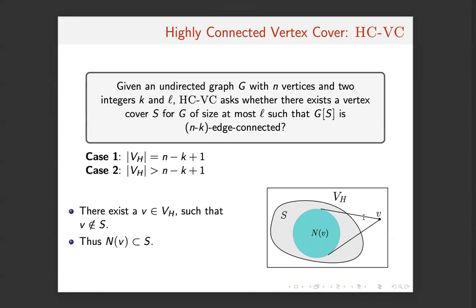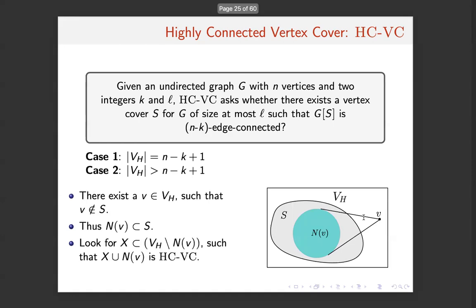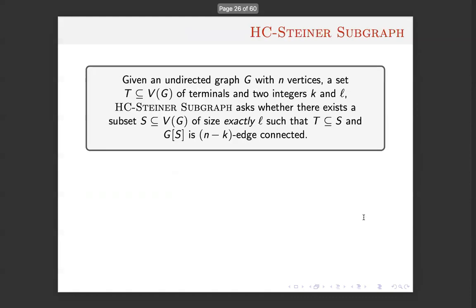As V has degree at least N minus K, we have already included N minus K many vertices into the solution. So we are only left with K many vertices. We want to find a subset X of VH minus the neighborhood of V such that X along with the neighborhood of V forms a highly connected vertex cover, and clearly there are some 2 to the power K many choices for X. So we can solve this problem in FPT time.